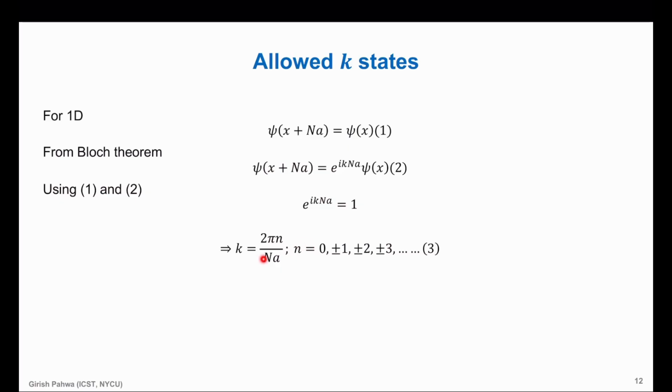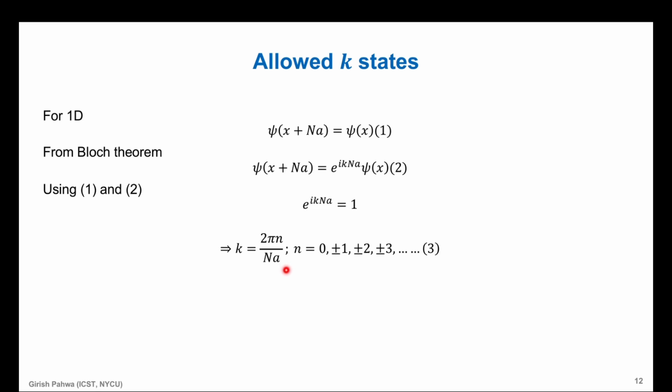Now the spacing between them will actually be small, because N in an actual crystal can be a large number, right? So by the way, what will be the spacing between any two adjacent k values? Say 2 pi by Na, and then for n equal to 2 that will be 4 pi by Na. 4 pi by Na minus 2 pi by Na gives you 2 pi by Na.